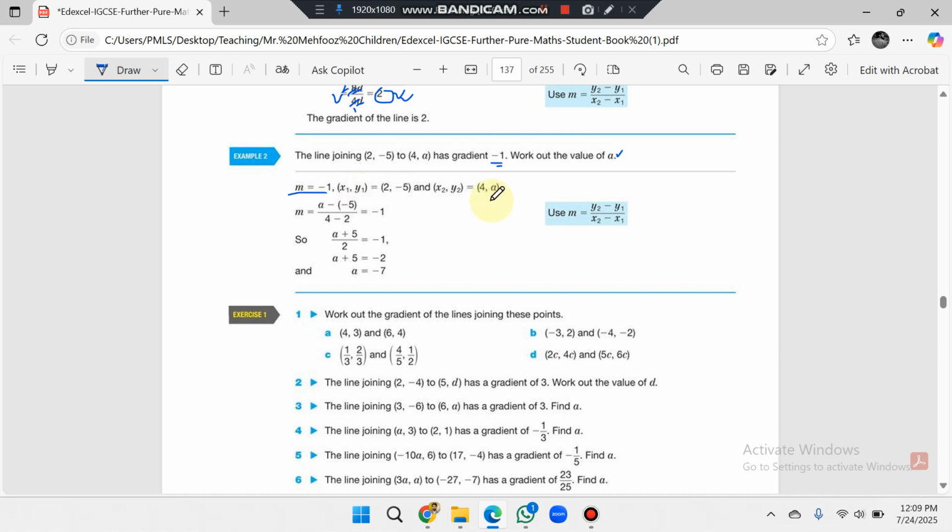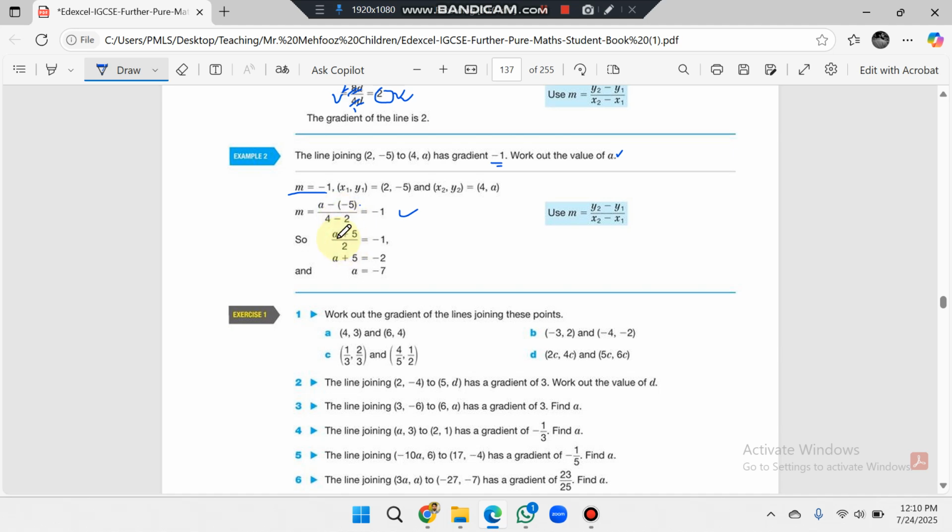So what is the formula for gradient? That is y2 minus y1, that is a minus minus 5, which can be written as a plus 5. And x2 minus x1 is 4 minus 2.